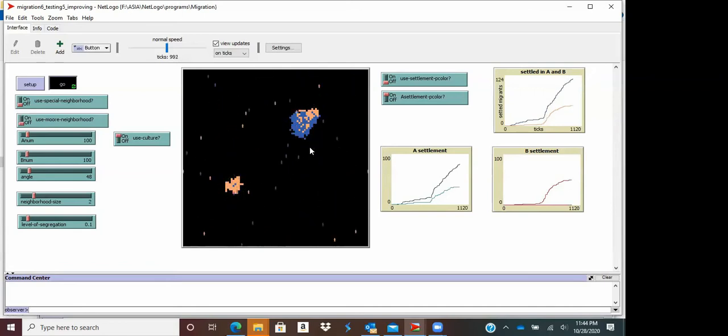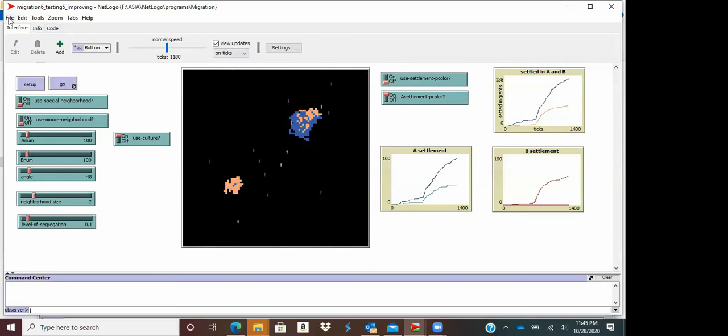So that is a model you can use to show not only the migration, but also the residential segregation. You can also change the size of the neighborhood and use a wider neighborhood to make the process go even faster. Okay. So that kind of model you can do.